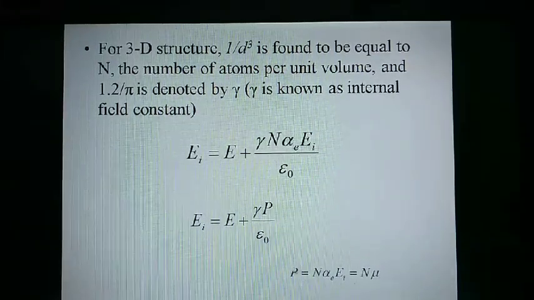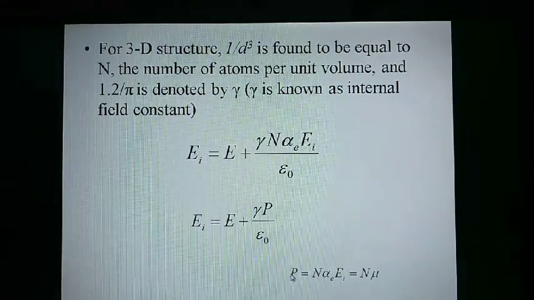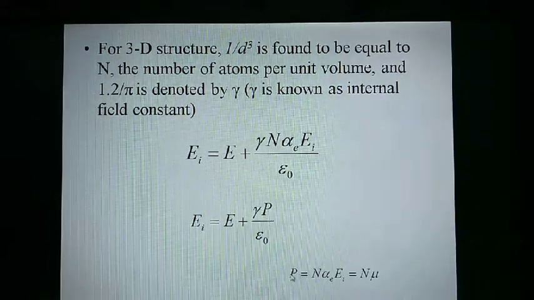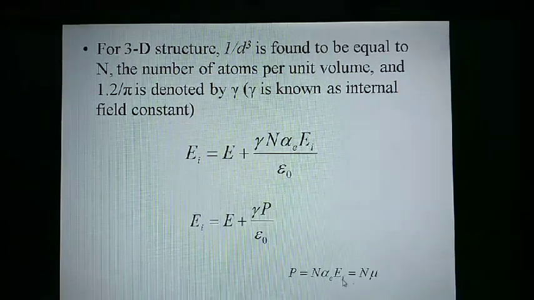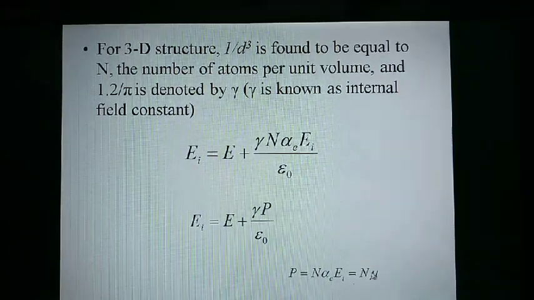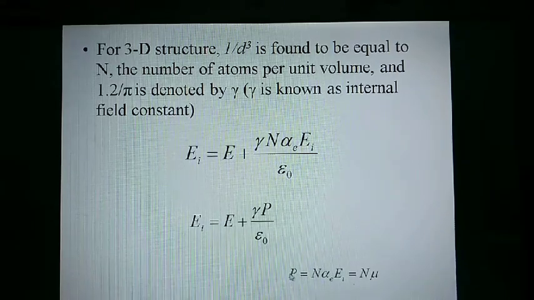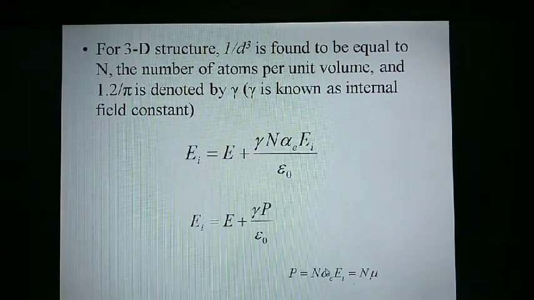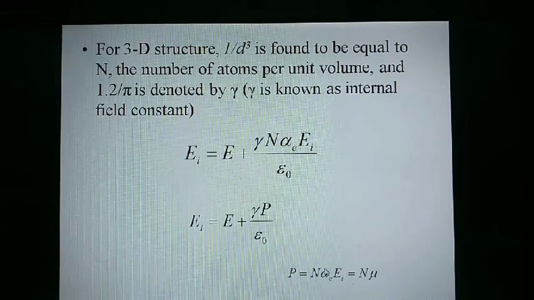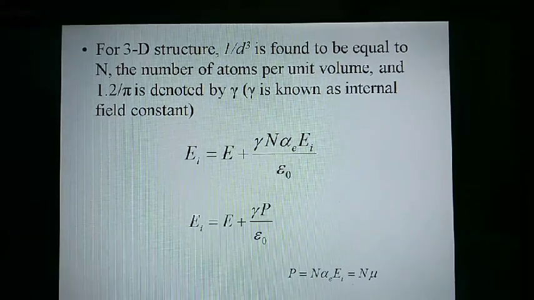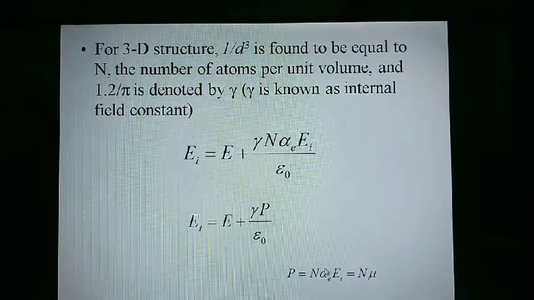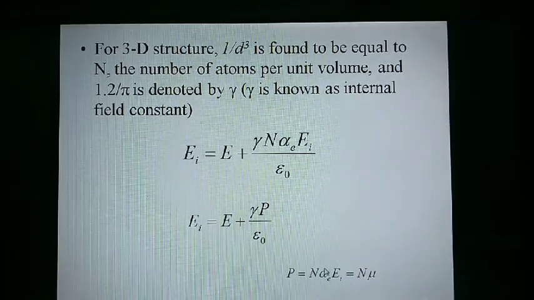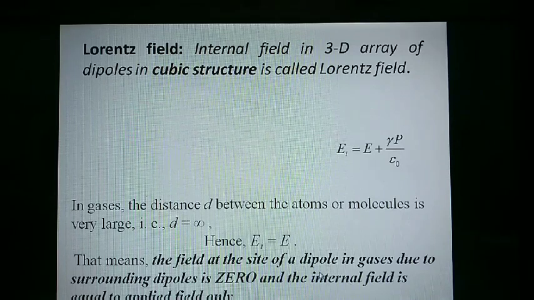And we had learnt in the previous lecture that the polarization P is equal to N alpha E into capital E, because polarization is the dipole moment per unit volume, mu divided by V. It was the expression told in the previous lecture.